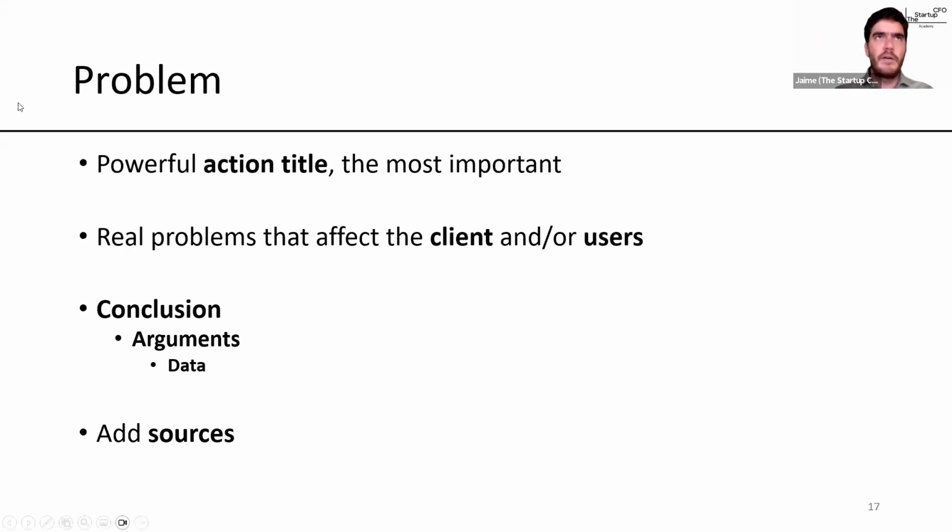Many times, when we help our clients, we spend a lot of time thinking about this action title, what exactly we want to solve, and how compelling we can make this sentence. It should be a real problem. This is more important than it seems. It should be a real problem that affects the client or the user of the product.